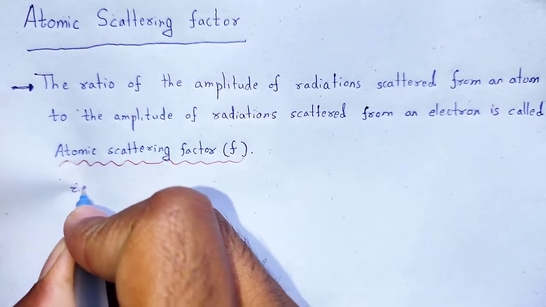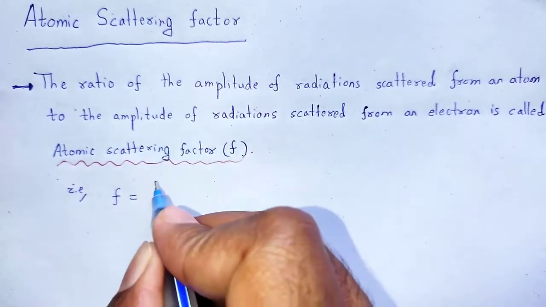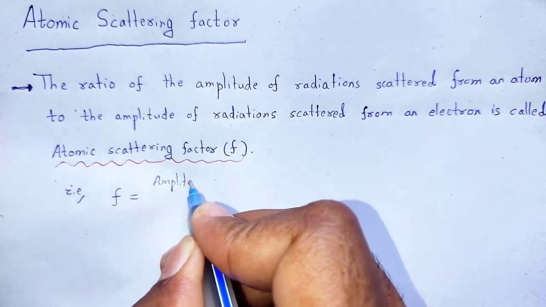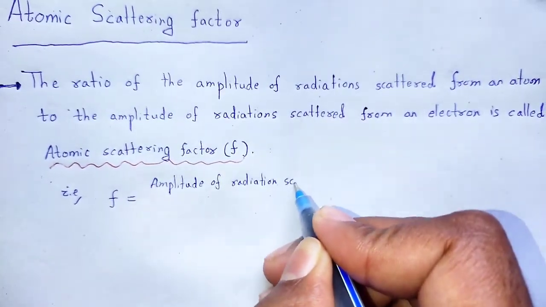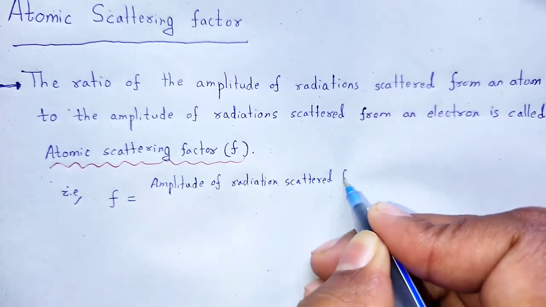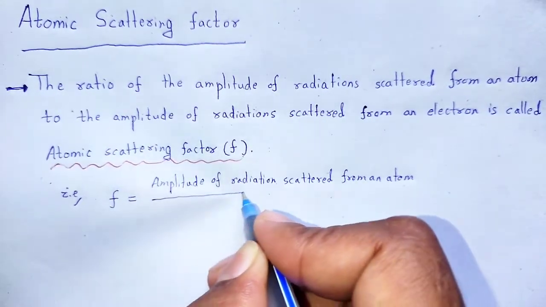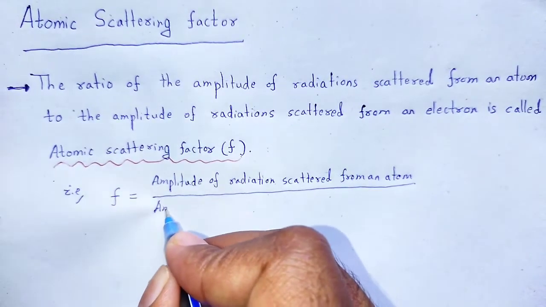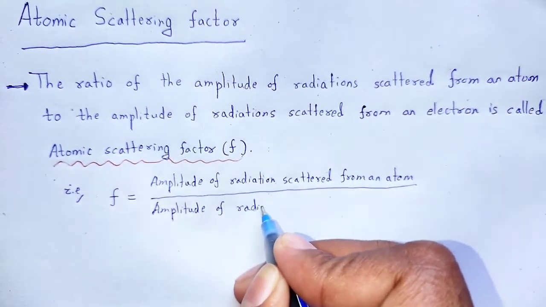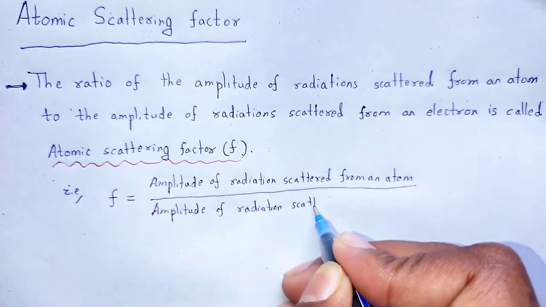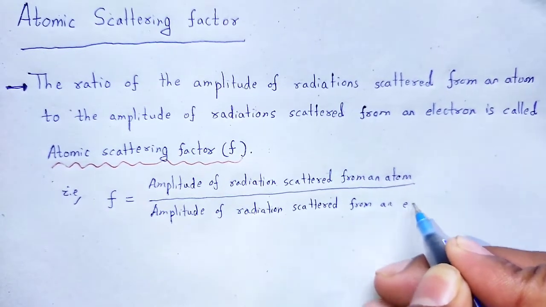That is, atomic scattering factor F is equal to the ratio of the amplitude of radiation scattered from an atom to that of the amplitude of radiation scattered from an electron.